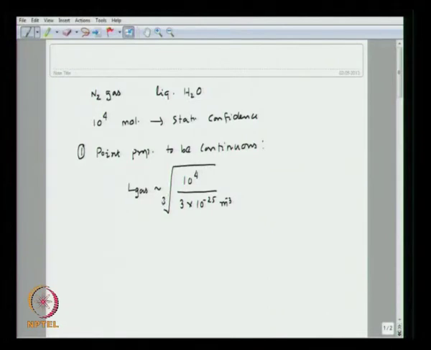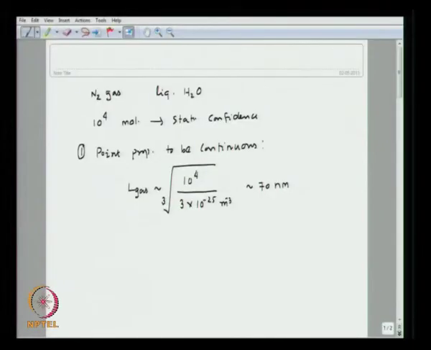Take the cube root, we get 70 nanometer. So if we consider a gas cube that has dimension 70 nanometer each side, then we can expect that the point properties will be continuous.